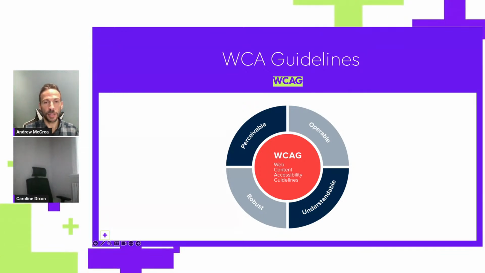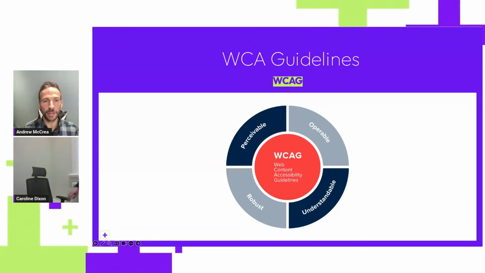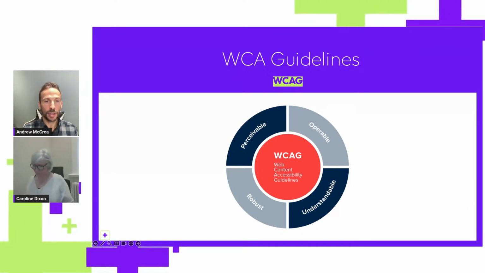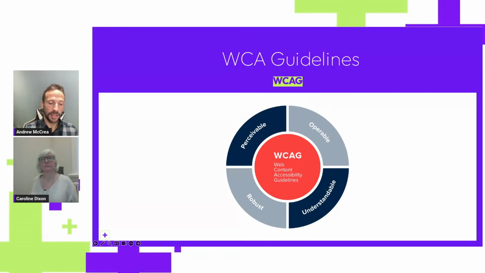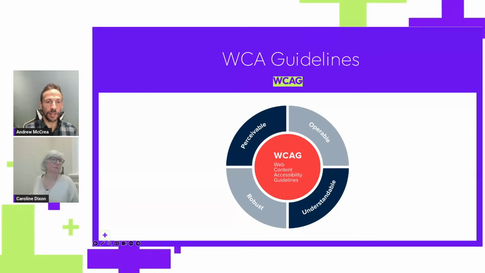It focuses in on 4 main areas, and hopefully you can see those clearly on the slide. It's about your application being perceivable, operable, robust, and understandable. And then all the criteria specific to design and functionality and software engineering sit under those 4 categories.